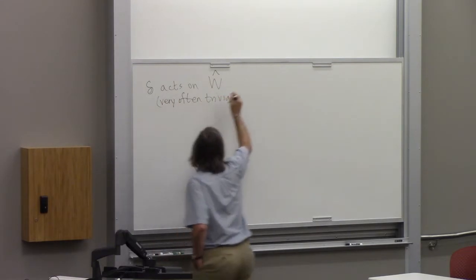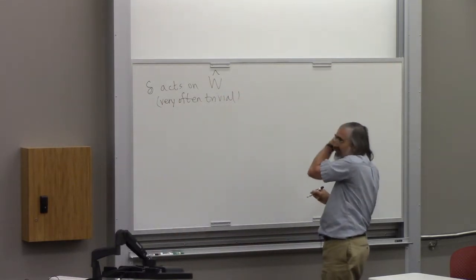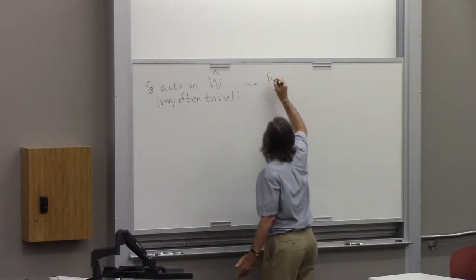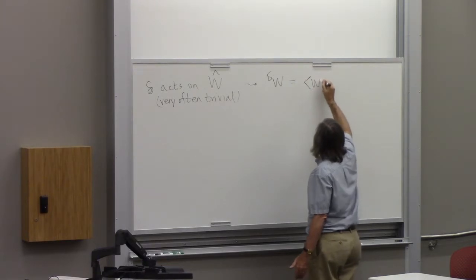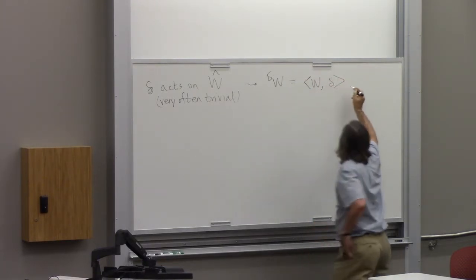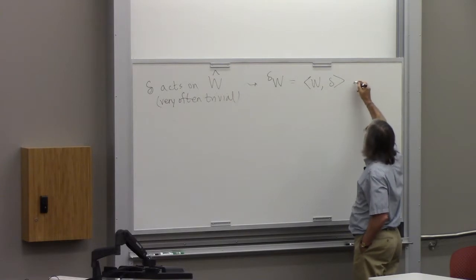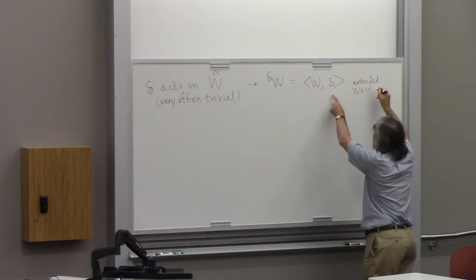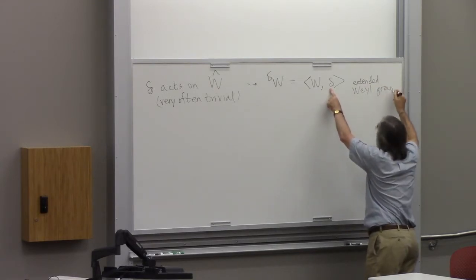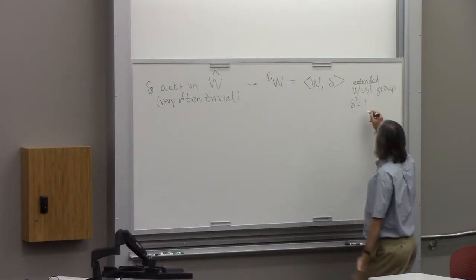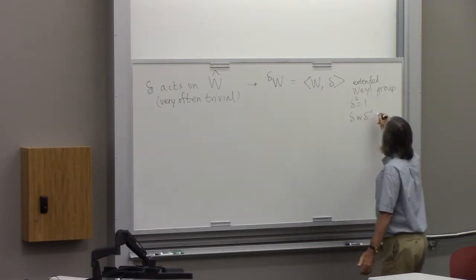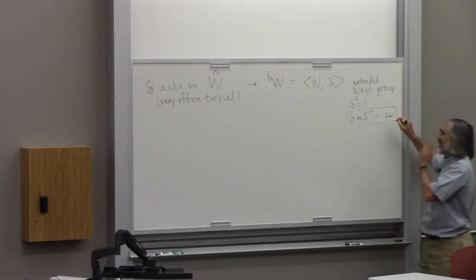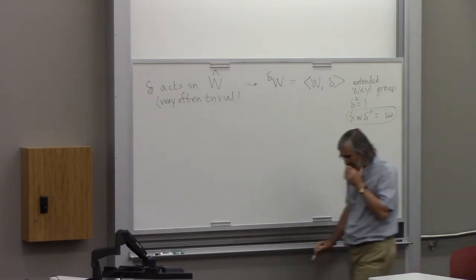I forget the precise story. But we can make this, maybe I'll call it delta W, this extended Weyl group. You add this extra element with the relation delta squared is 1, and delta W delta inverse is you apply the automorphism to W.